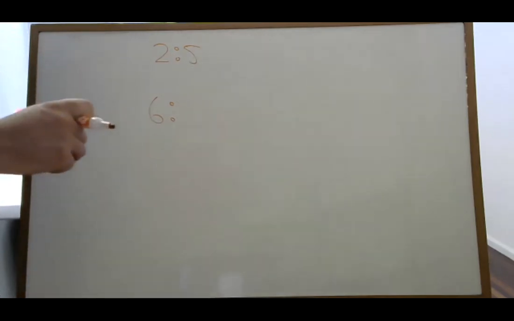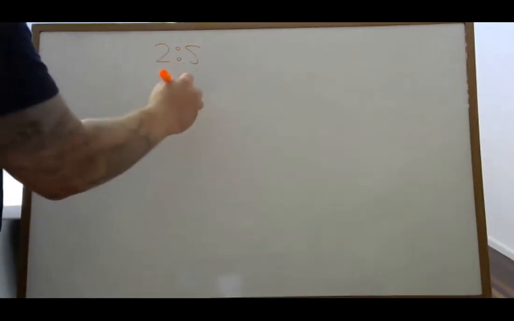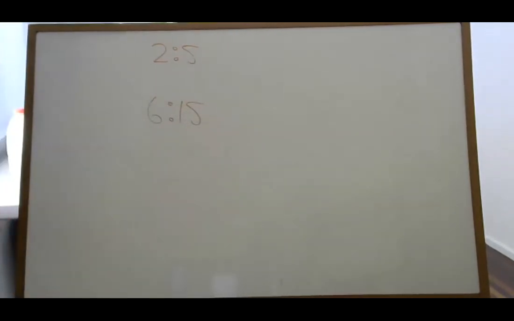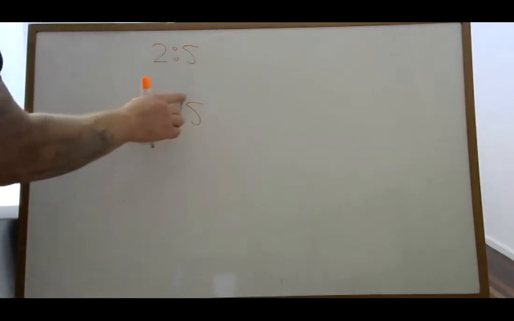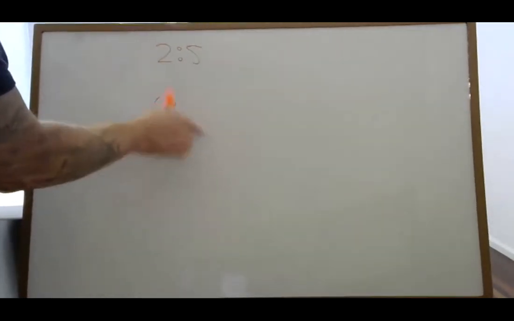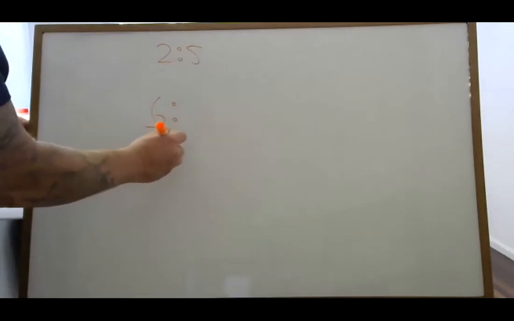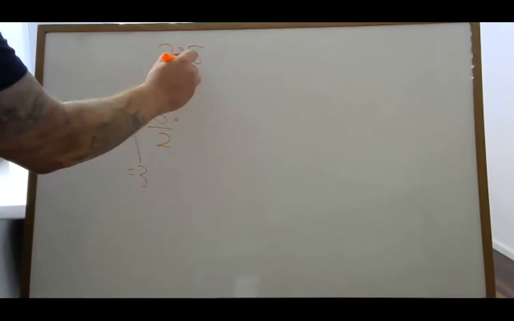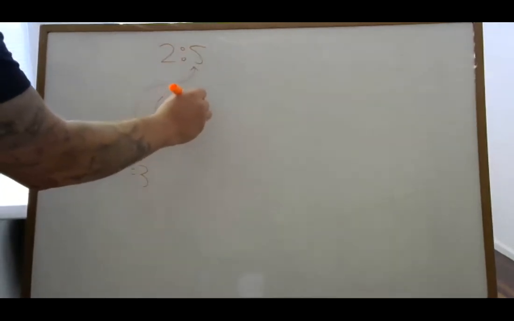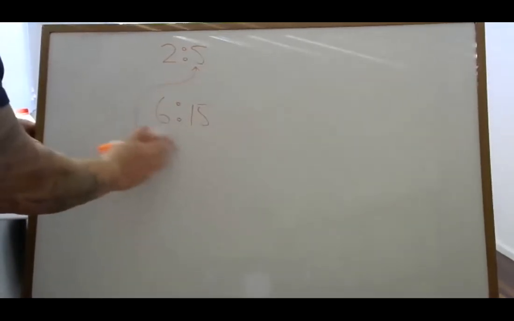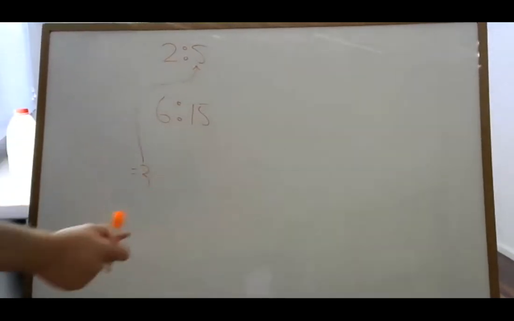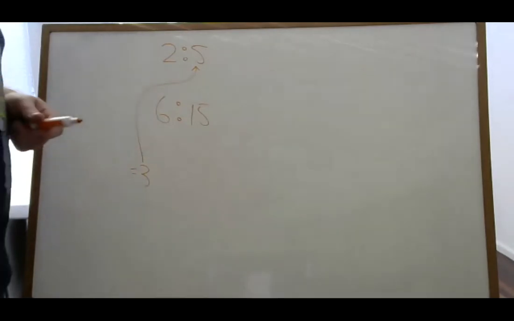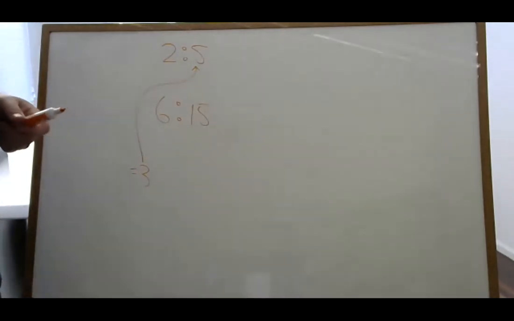So Harrison says 6 to 50. So we divide this number by 2, which gives us 3. 3 times 5 is 50, which makes sense if we look at the number of 3. That was a bit more complicated, that one.